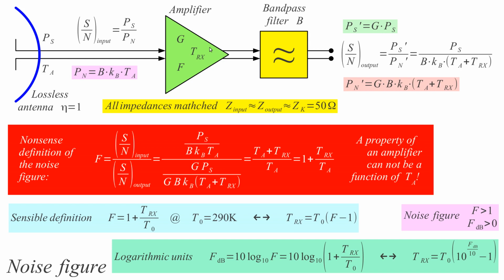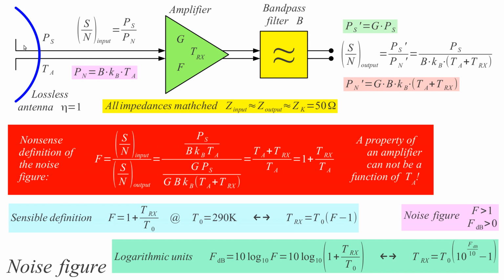So where did this definition come from and why did it come about? Well, the reason was very simple. Say in the middle of the 20th century, where did this noise calculation apply? Such noise calculation applied in two cases.